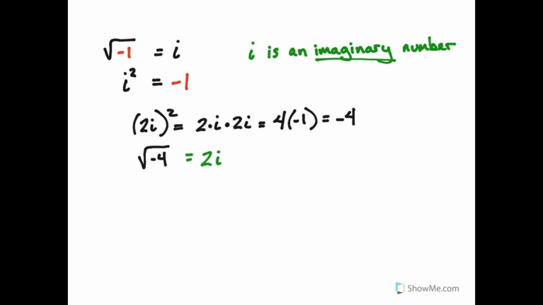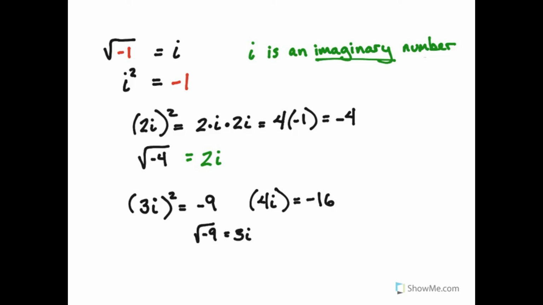And that's true for any multiple of a real number with i. When I square 3i, I get negative 9. When I square 4i, I get negative 16. And so we say that the square root of negative 9 must be 3i, and the square root of negative 16 must be 4i.